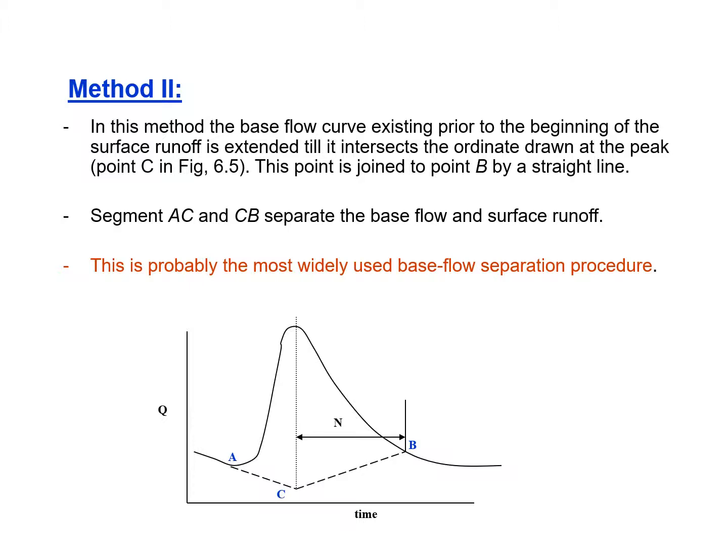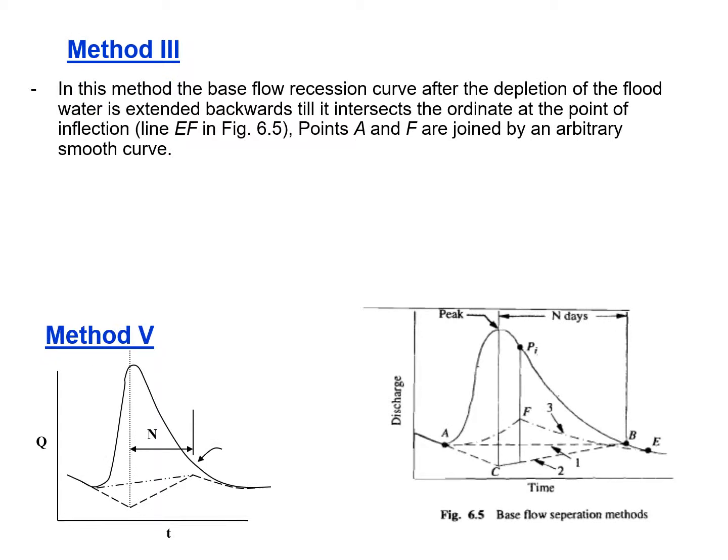To find point B, from the peak to point B there is N, and you use the previous formula to find N. The area below A, C, B will be base flow. Method 3: the base flow recession curve after the depletion of the flood water is extended backwards until it intersects the ordinate at the point of intersection, line EF.